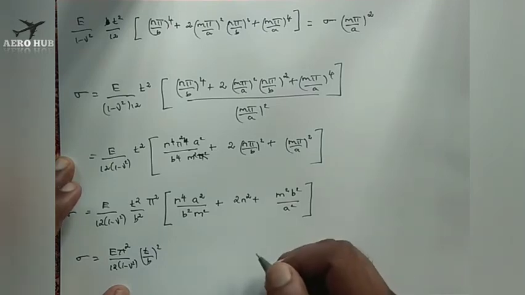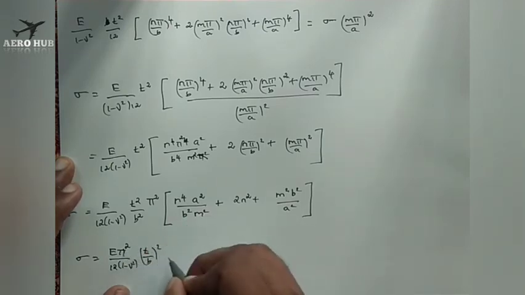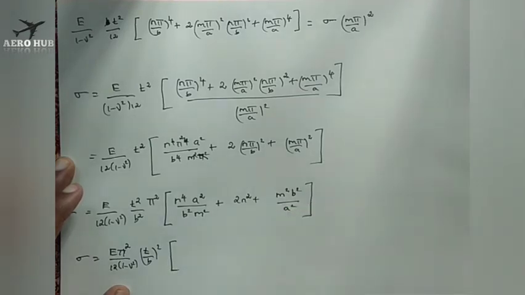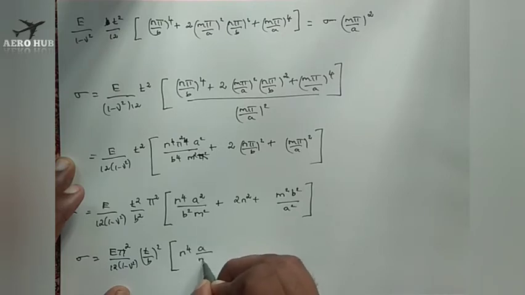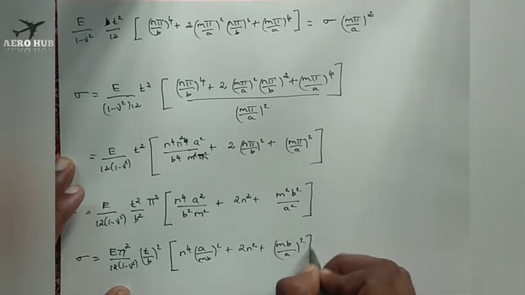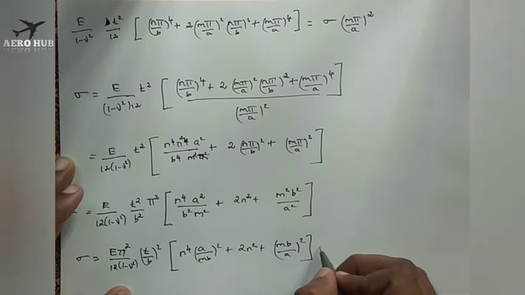Okay, t by b, and this equation will be n power 4 (a by mb)^2 plus 2n square plus (mb by a)^2. This is equation number 5.